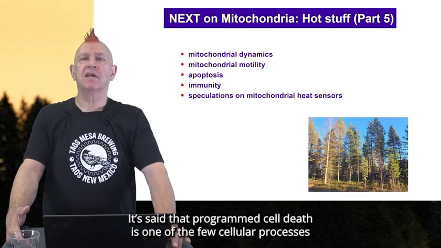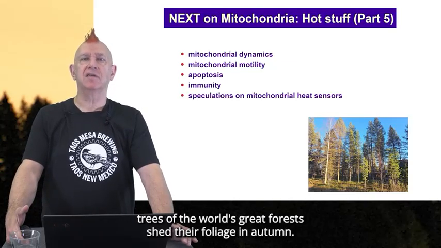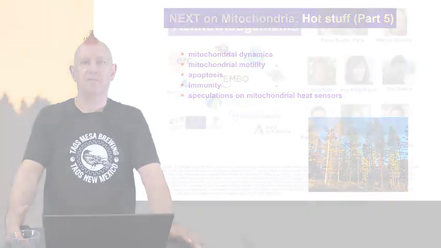It's said that programmed cell death is one of the few cellular processes visible from outer space, as the deciduous trees of the world's great forests shed their foliage in autumn.